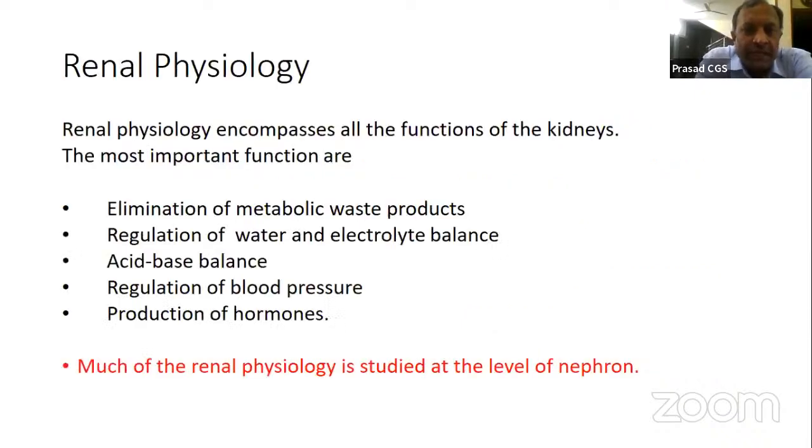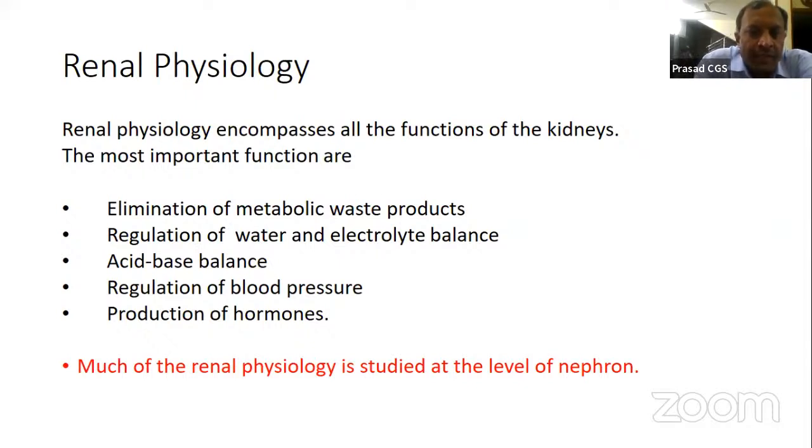Renal physiology encompasses all the functions of the kidneys. The most important functions are elimination of metabolic waste products, regulation of water and electrolyte balance, acid-base balance, regulation of blood pressure, and production of hormones. Most of the renal physiology is studied at the level of the nephron.